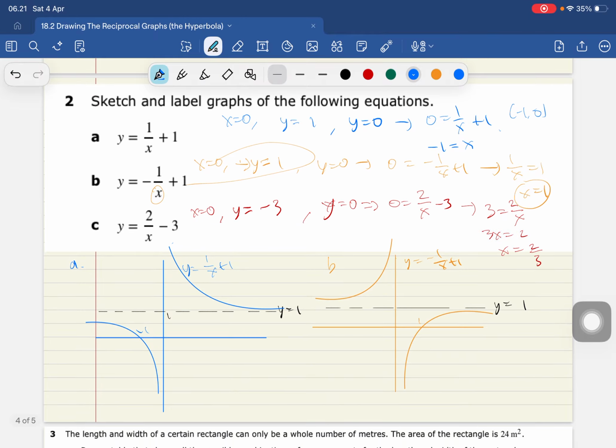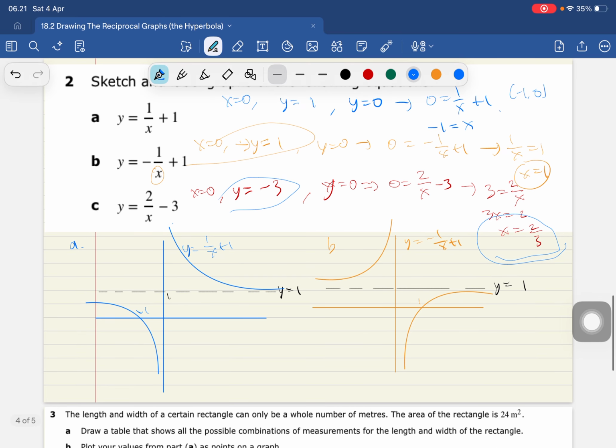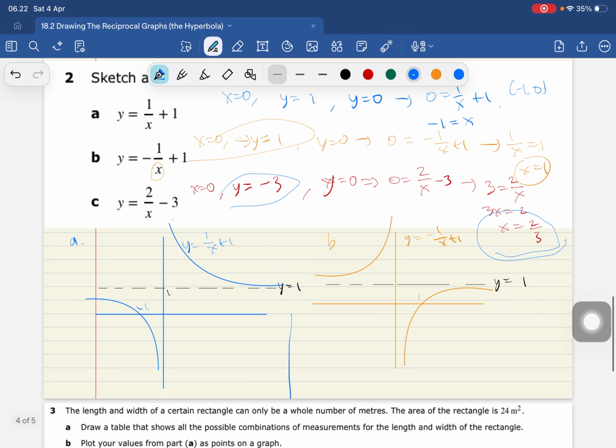Here is the intersect point. Here is the asymptote line, minus 3. So they intersect at 2 over 3. And like this. Okay, y equal to 2 over x minus 3.